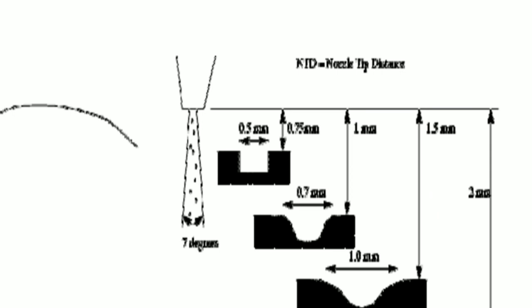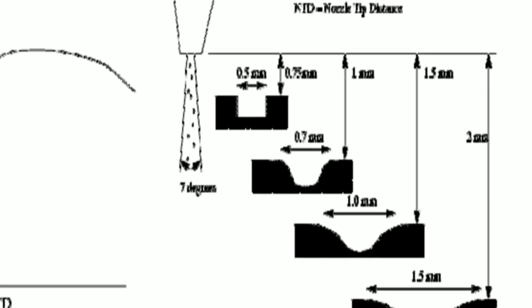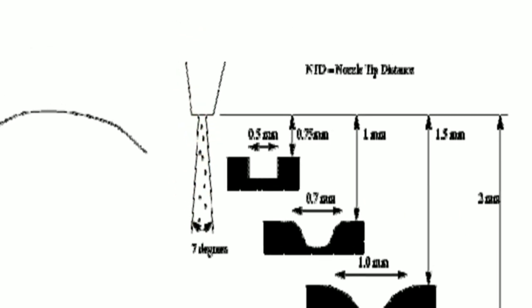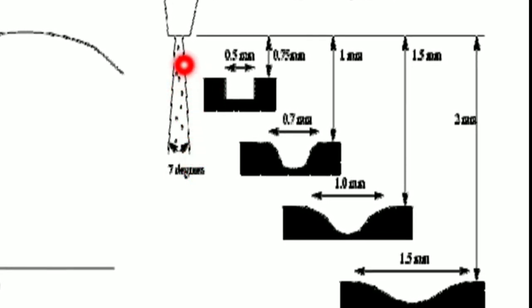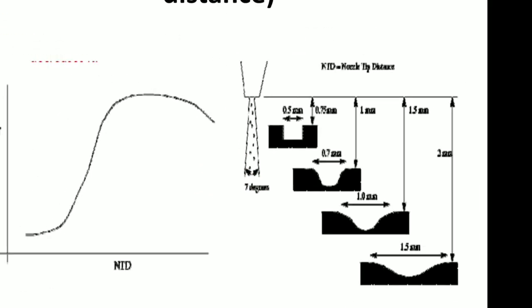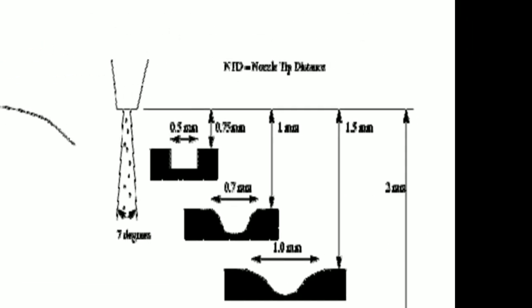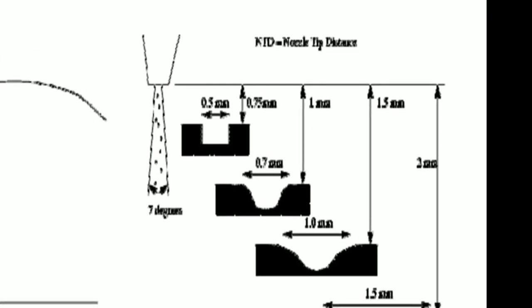And what will be the effect of that? See, this one is 1.5 mm and this is 2 mm. What will happen? You see there will be dispersion. Here it is straight, but now it starts diverging as the standoff distance increases. The required shape was this, but as you have increased standoff, what is the shape?